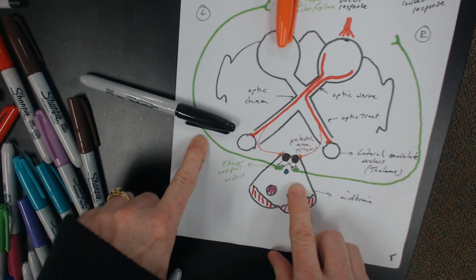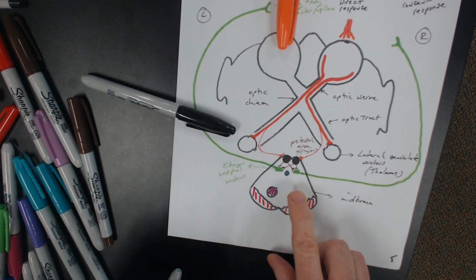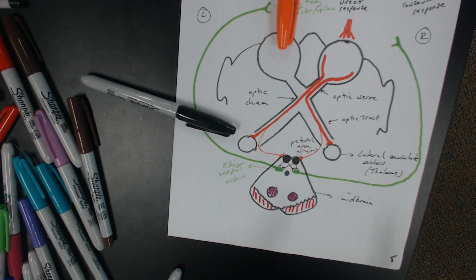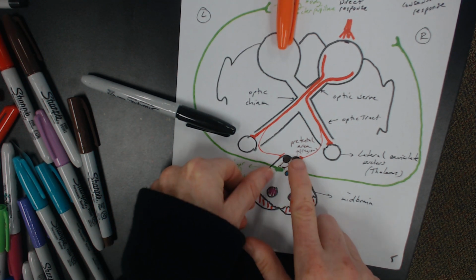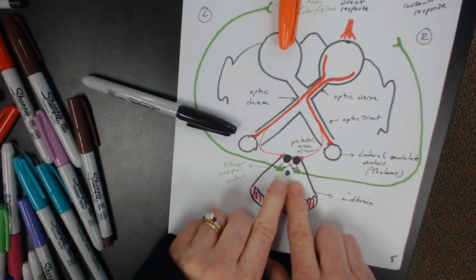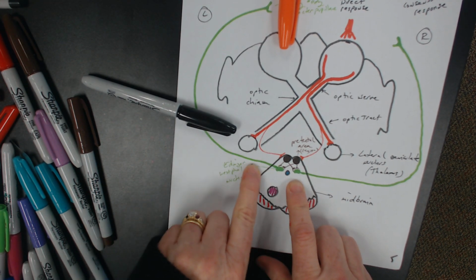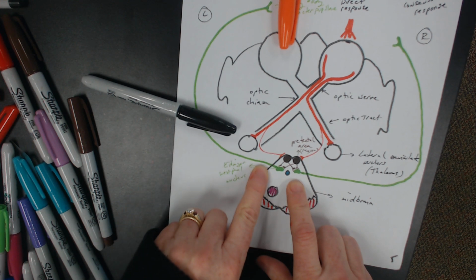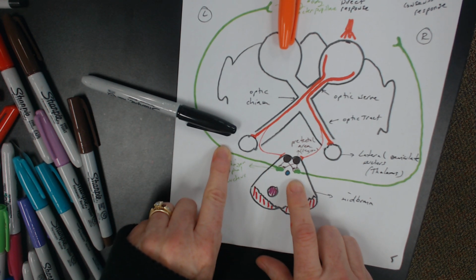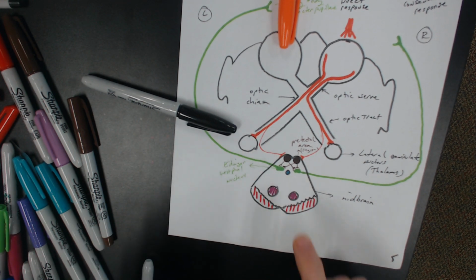The part on this side that goes to the functional Edinger-Westphal is all working fine, and it stimulates the Edinger-Westphal. But it's this part that's broken. This part doesn't work anymore, so you won't get any response. It's gone.